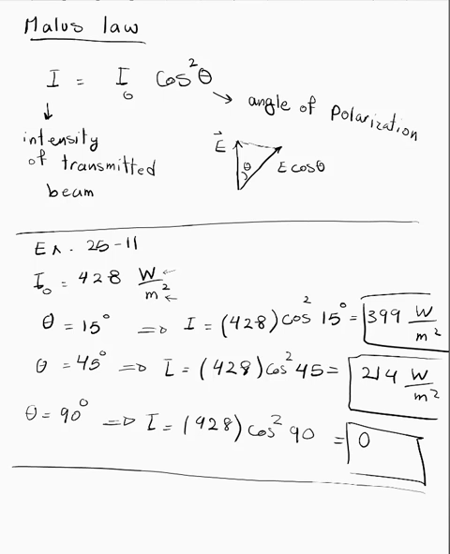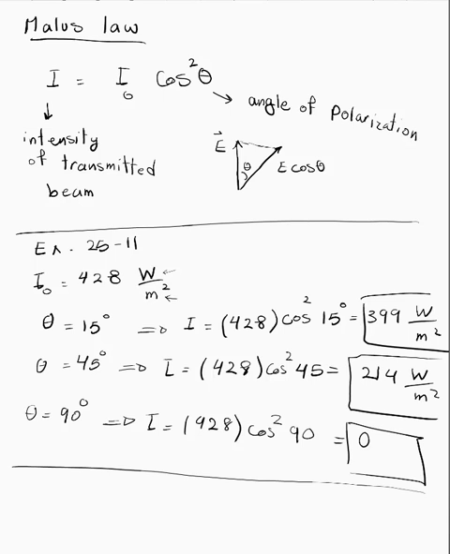Another very important result is the transmitted intensity for an unpolarized beam. Malus's law is only used when the first beam of light is polarized, but then the direction of polarization changes.